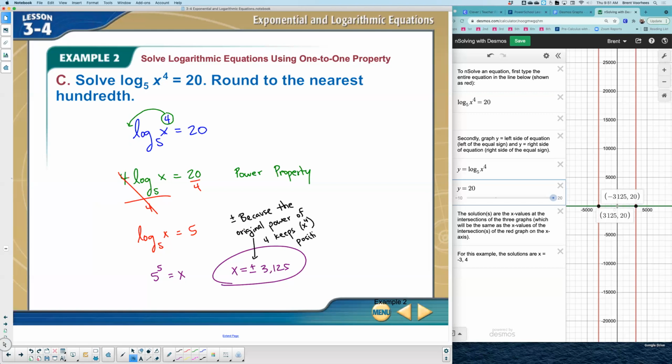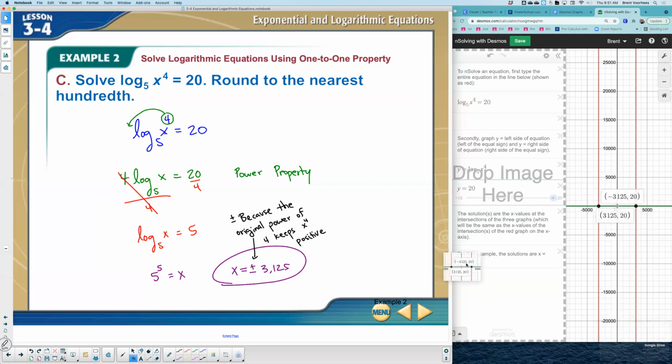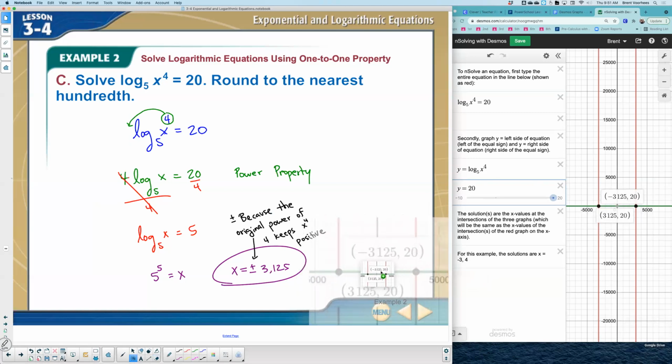Probably shouldn't have put that in parentheses since it didn't start there, just so you understand where I'm getting at. The original power 4 keeps x to the power 4th positive. So actually, that's why you have both answers there. And I'll put the in-solve picture right there as well.